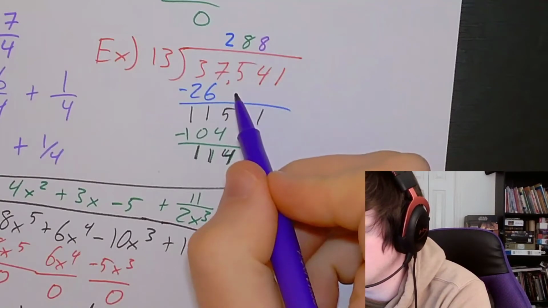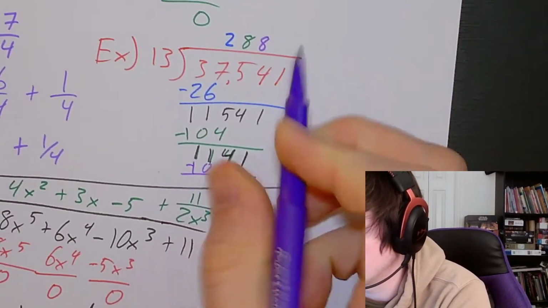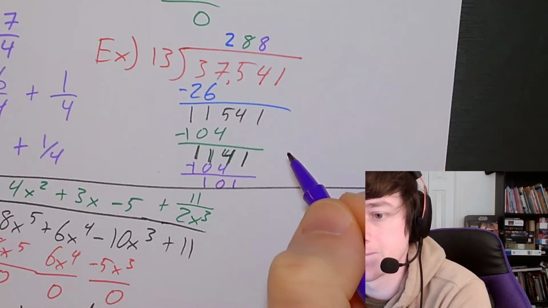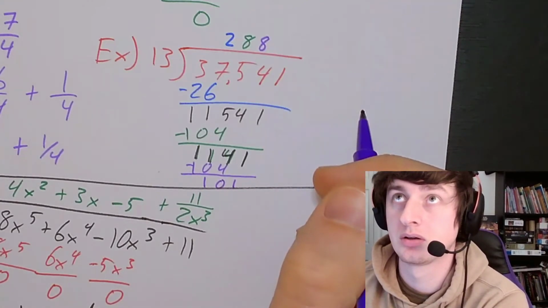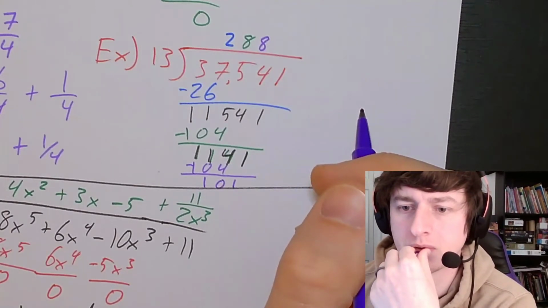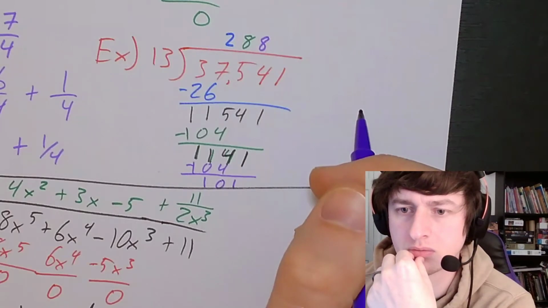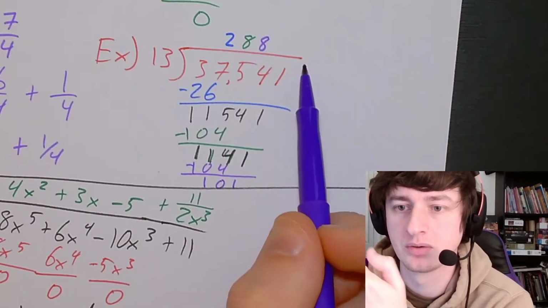And so that gives me 104 here. When I subtract, I'm left with 101, which we can still divide 8 into. 8, 10, wait. Did I do something wrong? Oh no, it's a 13. No wonder I'm going crazy. Sorry.